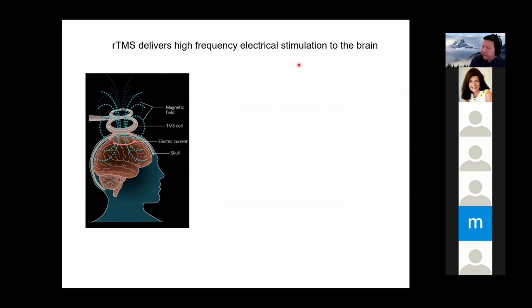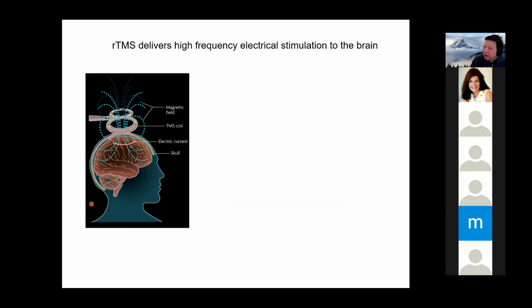And repetitive transcranial magnetic stimulation, abbreviated rTMS, is a technique to administer high-frequency electrical stimulation to the brain tissue underneath the skull. And rTMS is an FDA-approved therapeutic treatment for severe depression and migraines, as well as pain.